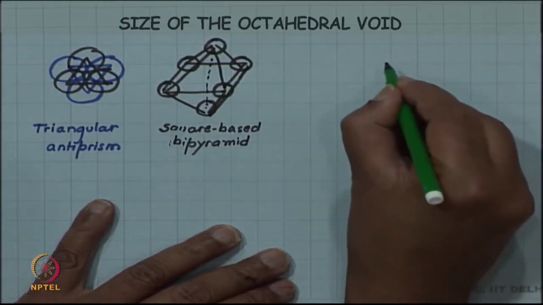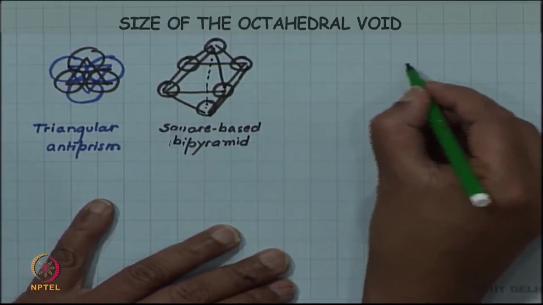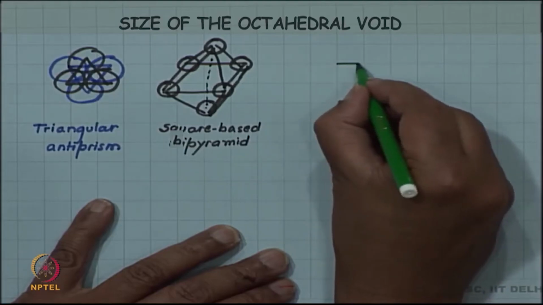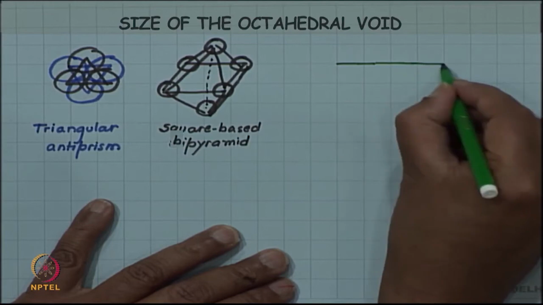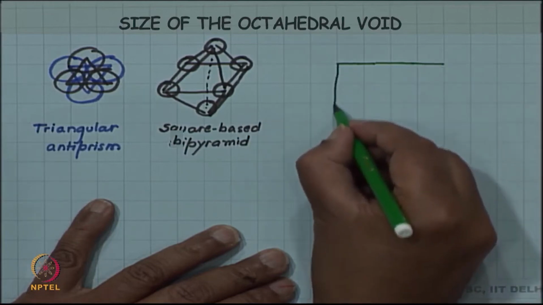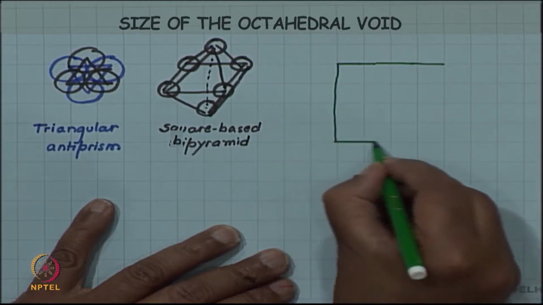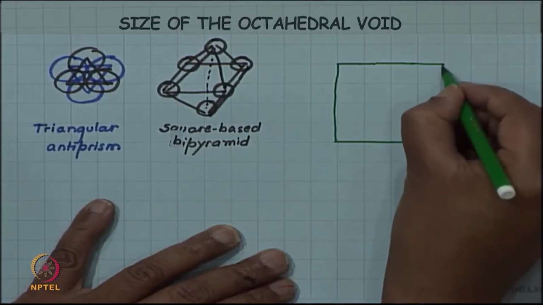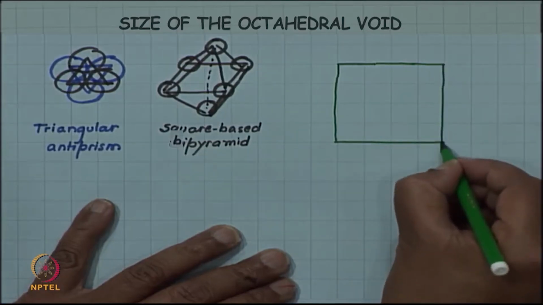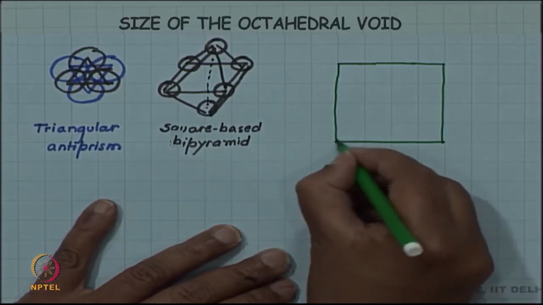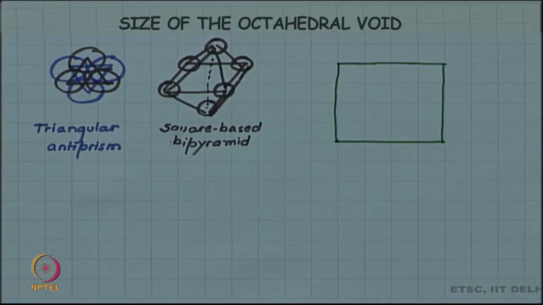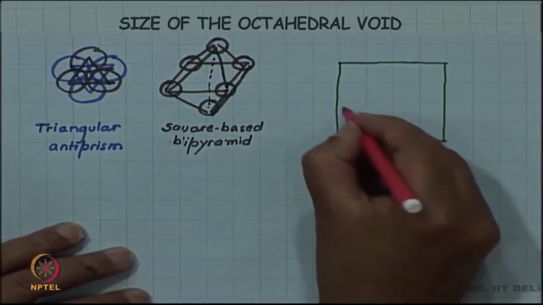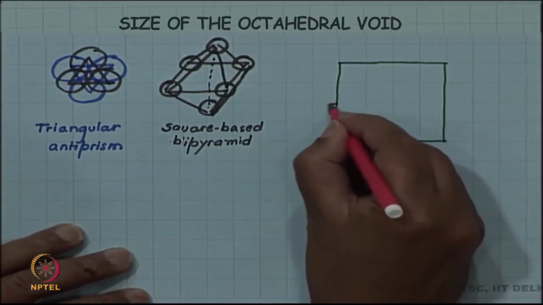So, let us say we have this square, and on the corners of this square these 4 atoms are sitting, which are exactly touching along the edges.